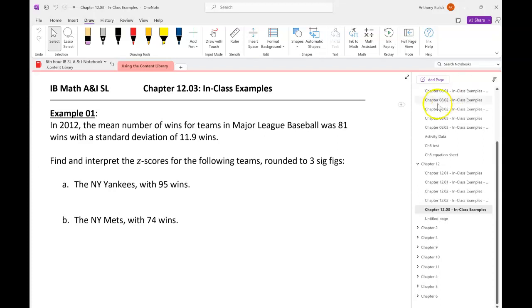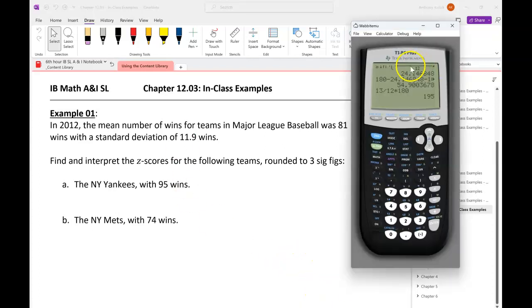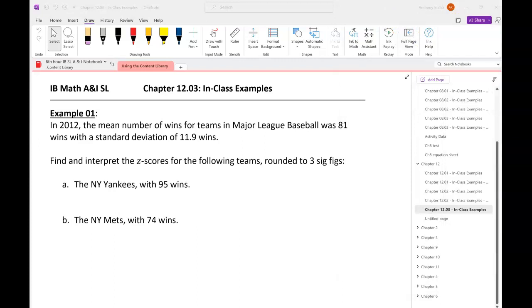Okay, in 2012, the mean number of wins in Major League Baseball was 81, with a standard deviation of 11.9 wins. Find and interpret the z-scores for the following teams, rounded to 3 sig figs. Take out your calculator and try to do that. Again, remember z-score was score minus mean divided by standard deviation.